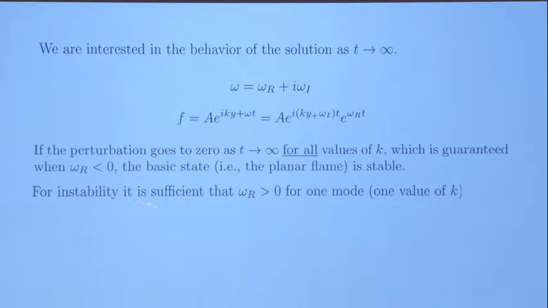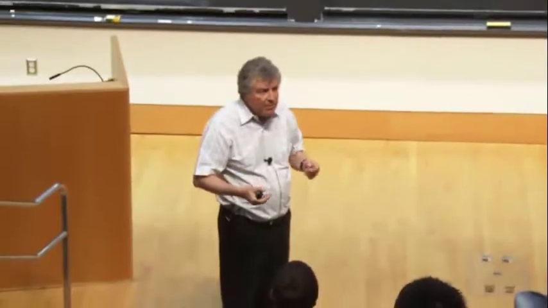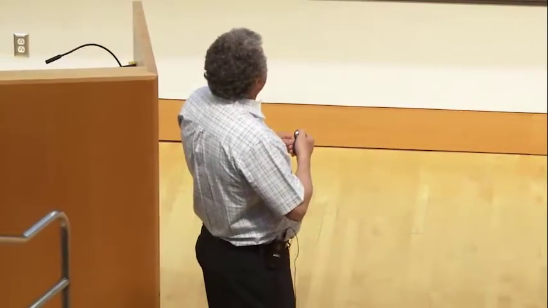So the question for instability is whether the real part of the growth rate is positive or negative. If it is positive for one of the modes, we say that the solution is unstable, because it's sufficient that one of the modes grow for the solution to be distorted from its initial nominal shape. But if the growth rate decays for all the modes, then we say the solution is stable.